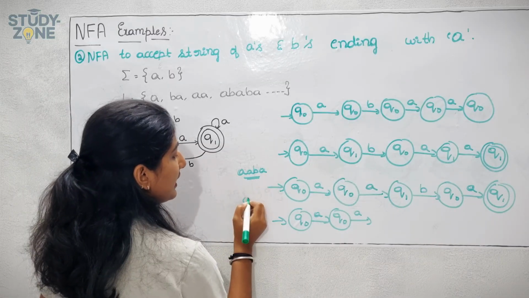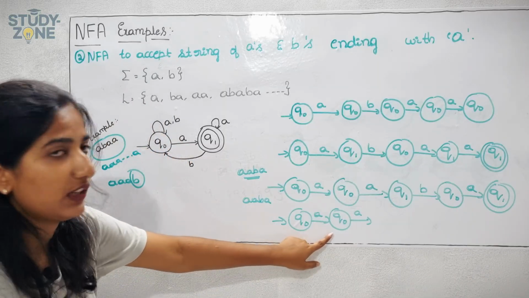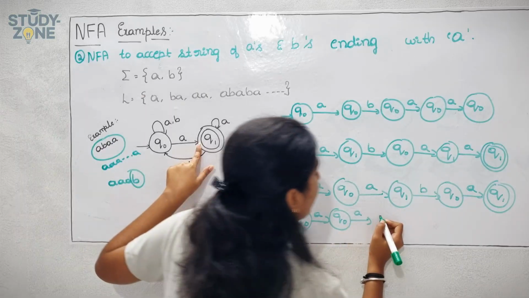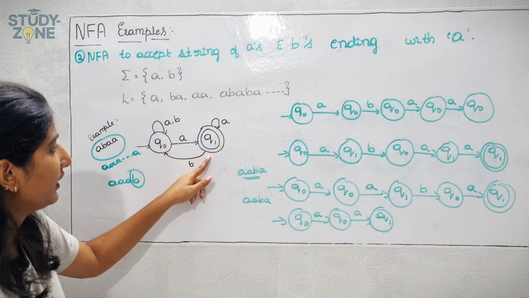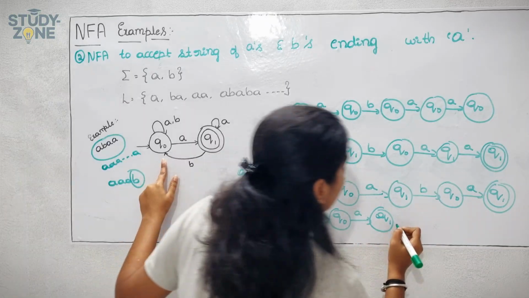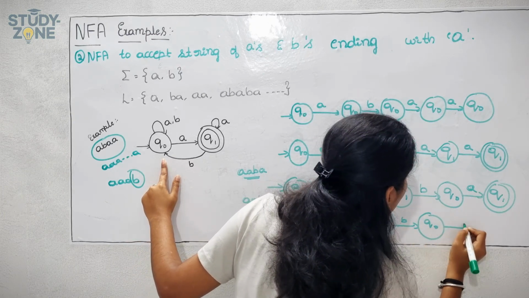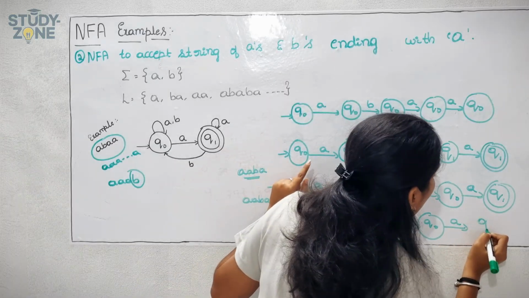So I will take this same example here also, A, A. Q0 on A, it will be there in Q0, and Q0 on A again, it will be moving to Q1, and Q1 on B, it will be moving back to Q0, and Q0 on A, it will be staying in Q0 only.